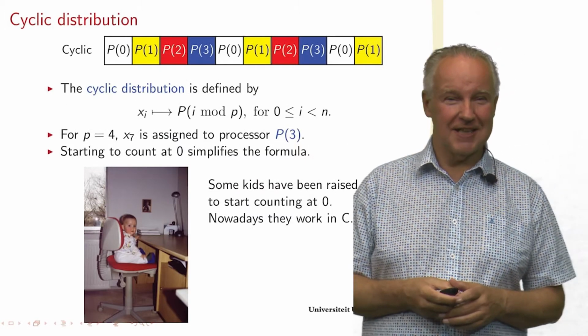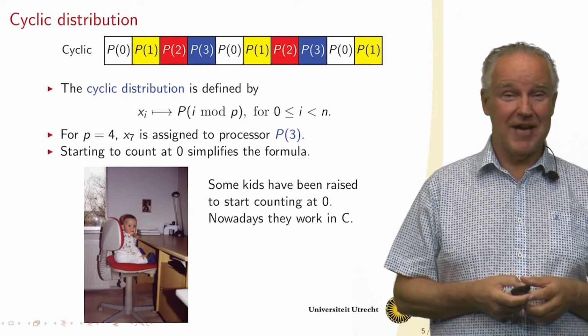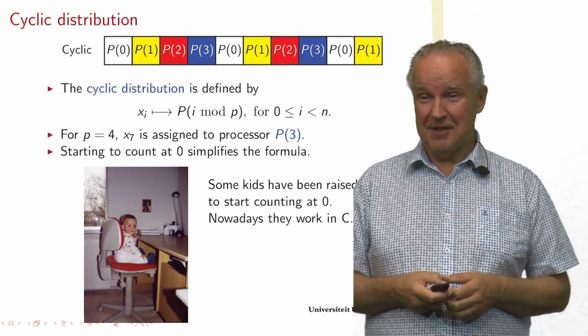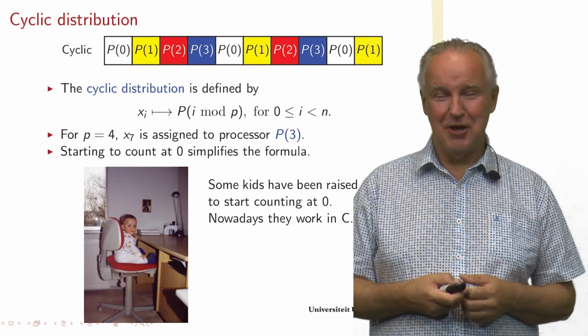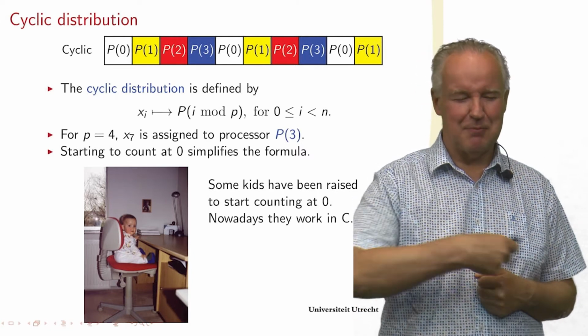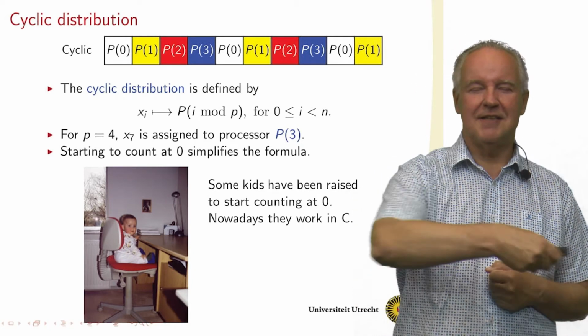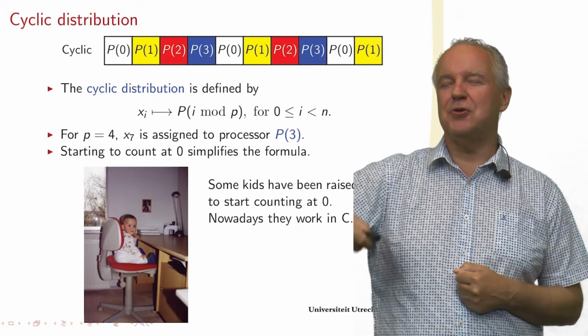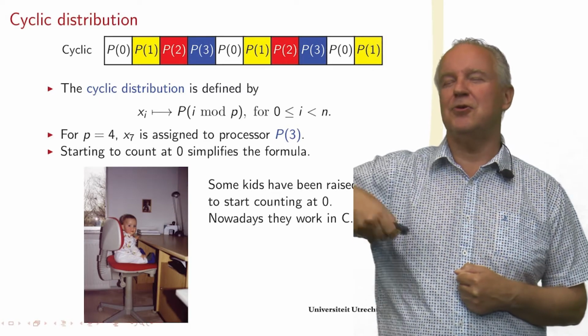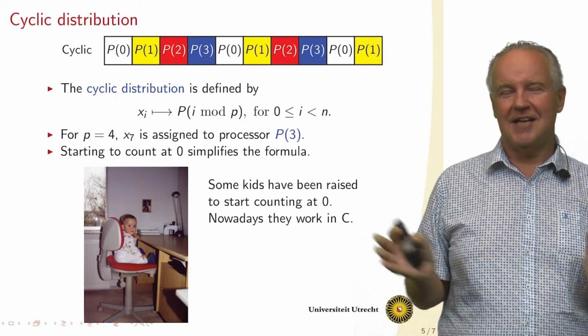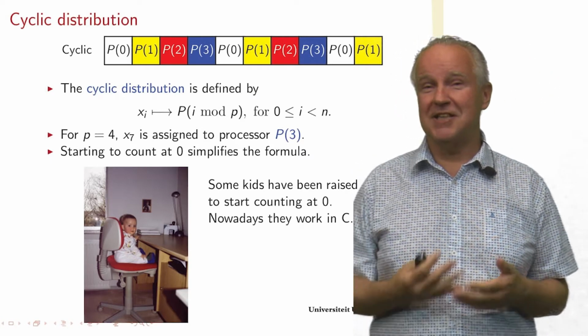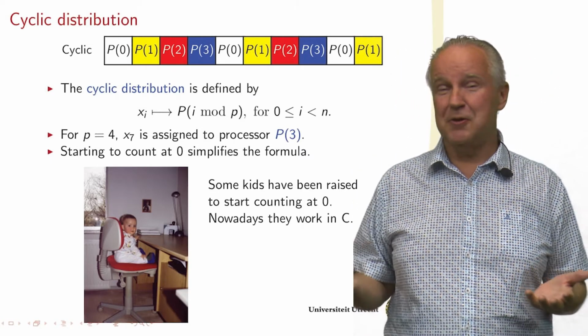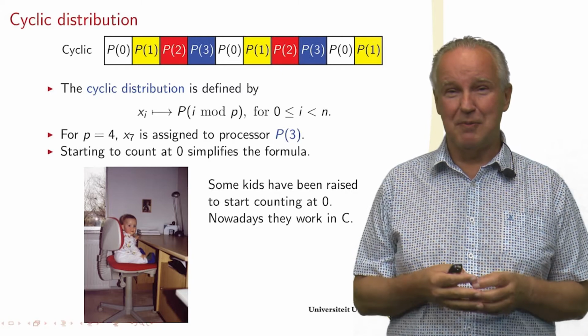OK, so the cyclic distribution is in fact a distribution that card players know by heart. They do it blindly. They assign 0, 1, 2, 3, 0, 1, 2, 3. And it doesn't matter how many cards there are. This system works well. You get the best possible load balance.